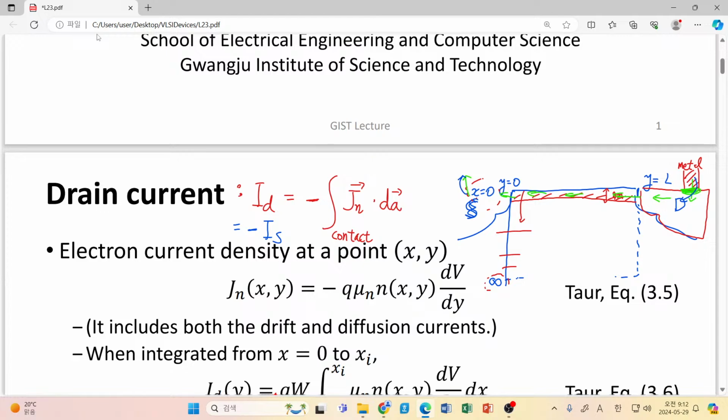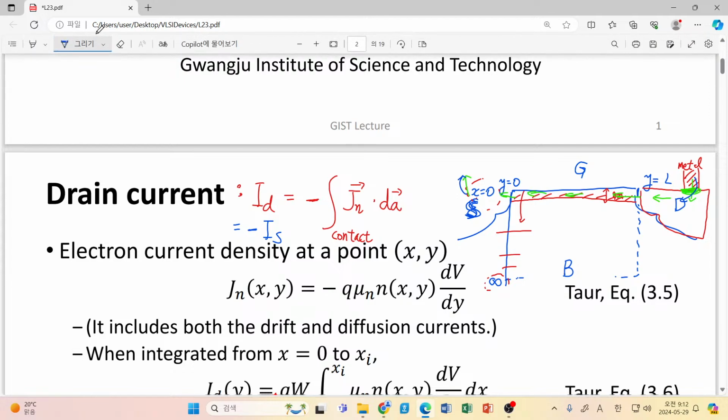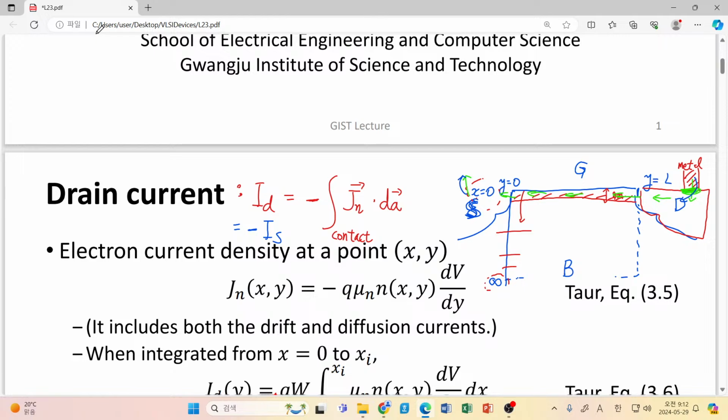Why do we have the exact same amount of current flowing into the device and out? Because in this device we have only four contacts. Please name them: one is called source, one is called drain, the other is gate, and another one is sometimes called body. However, please note that the gate is completely isolated from the silicon area by an insulator, so it does not conduct any current.